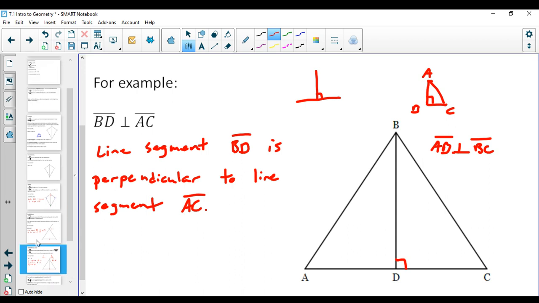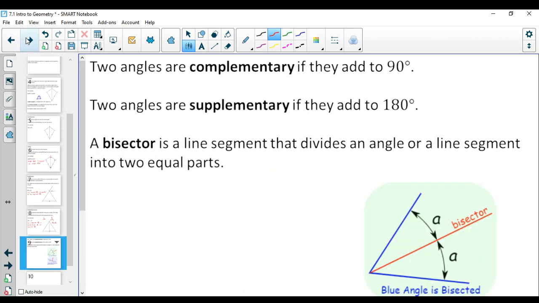Okay, just a couple more definitions, and these are things that are probably new to us as well. Two angles are complementary if they add to 90 degrees. So if I have a 30-degree angle and a 60-degree angle, those things are complementary because they add to 90 degrees.